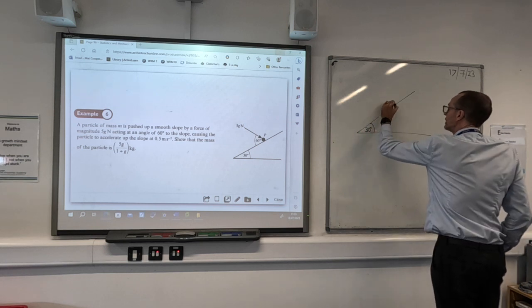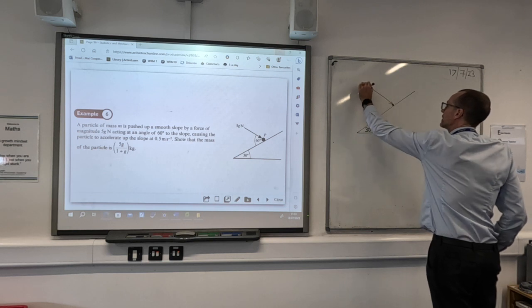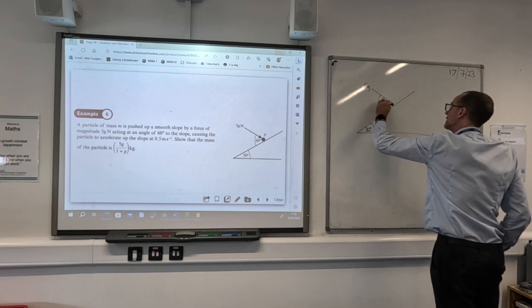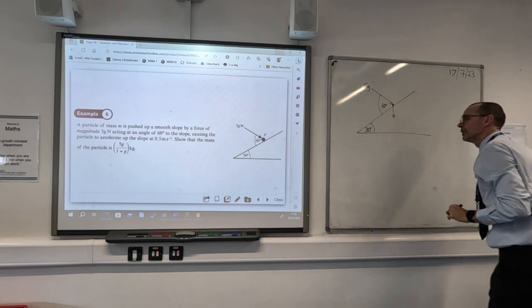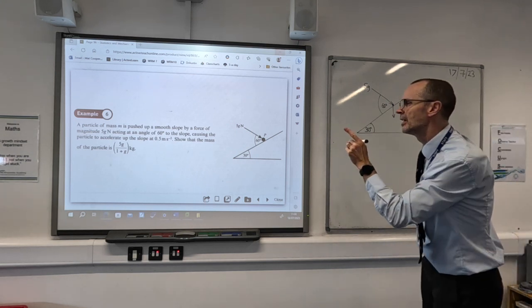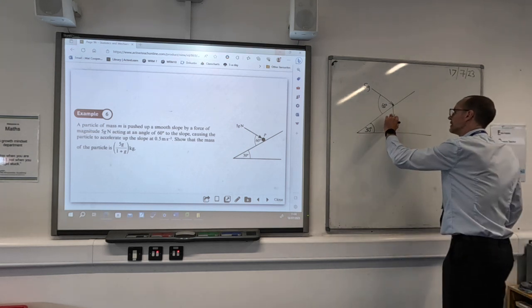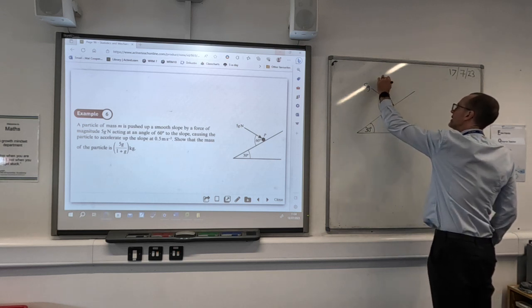So we've got that force, but we've also got the weight of the particle, and we've got the normal reaction force there.